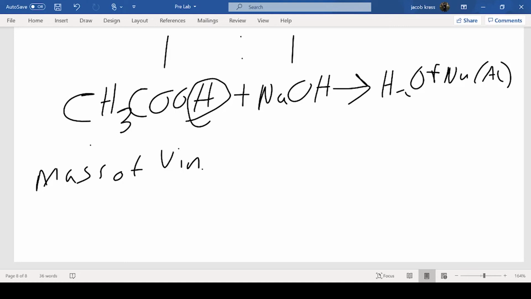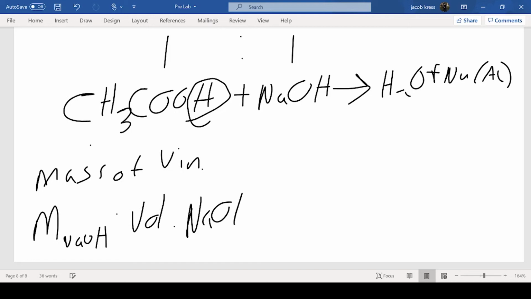We're then going to titrate with sodium hydroxide until we hit our endpoint. When we hit our endpoint, we're going to have a concentration of sodium hydroxide that we know. We're going to have a volume of sodium hydroxide that we titrated.